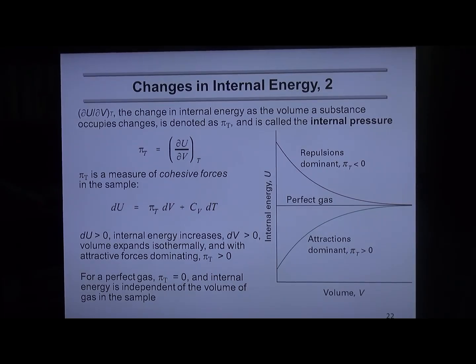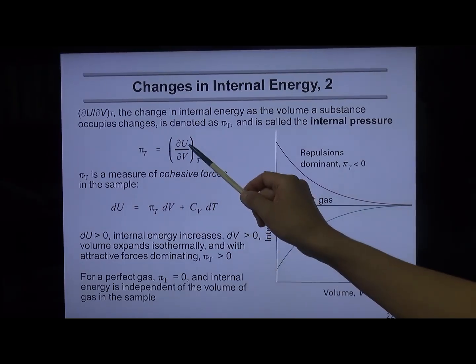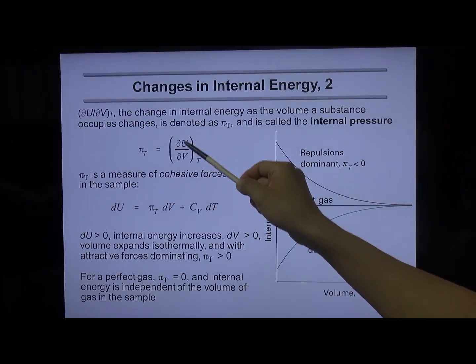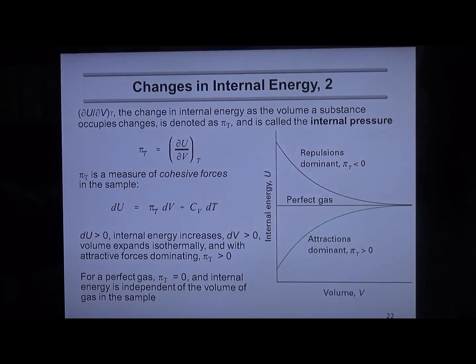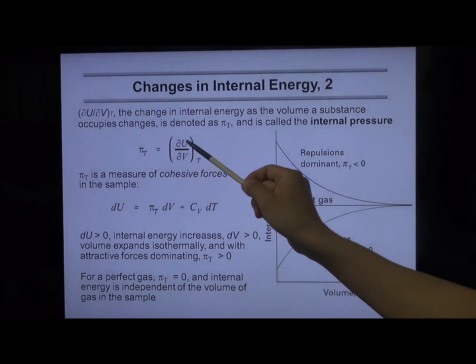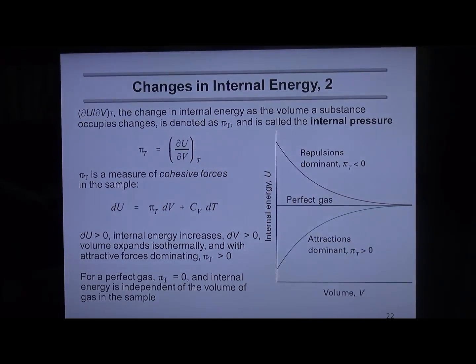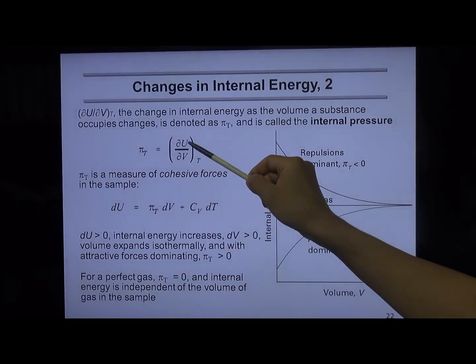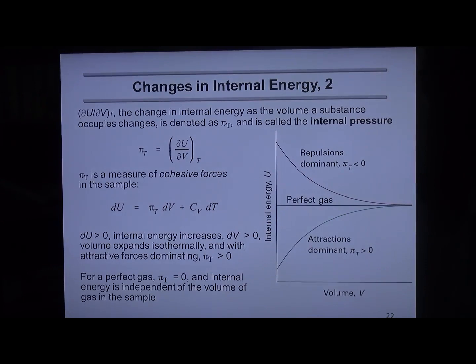You remember that for perfect gas, internal energy only changes as a function of temperature. That's the only variable which can change the internal energy of a perfect gas. Which means that as volume changes, internal energy does not change for perfect gas.